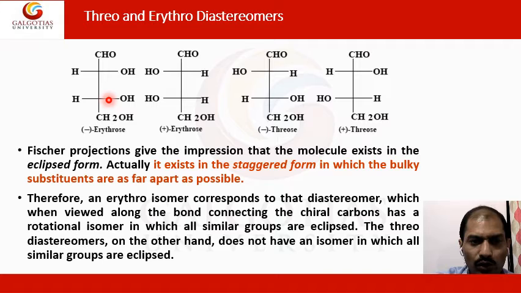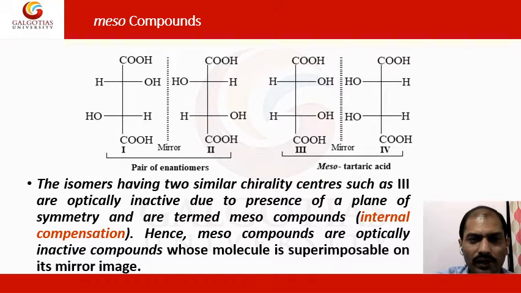The threo diastereomer, on the other hand, does not have an isomer in which similar groups are eclipsed. We already discussed eclipsed and staggered forms in earlier lectures. Staggered form means the bulky groups lie far away from each other, so there will be the least hindrance among them.